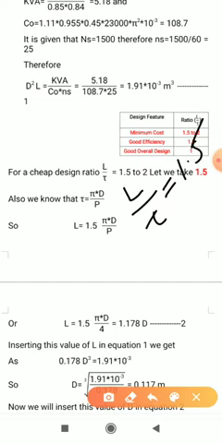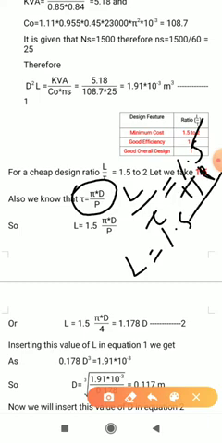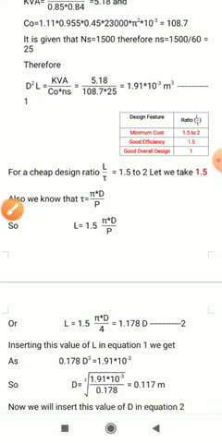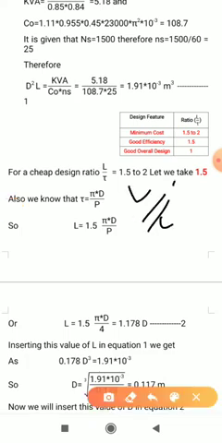But we know that tau is the pole pitch, the value of tau is pi d divided by p, and if you put this value in the expression of L by tau, we can write L is equal to 1.5 pi d divided by p. So from this equation, L by tau is equal to 1.5 means L is equal to 1.5 into tau.